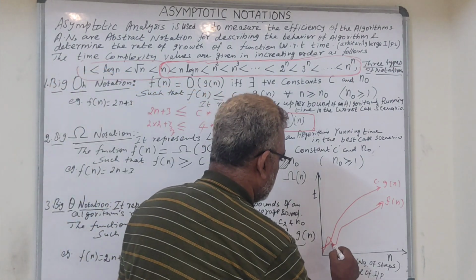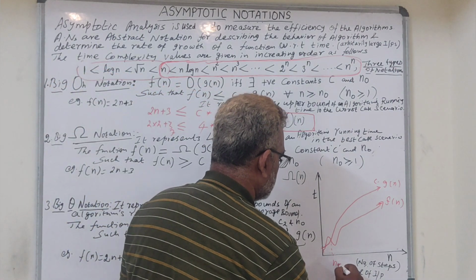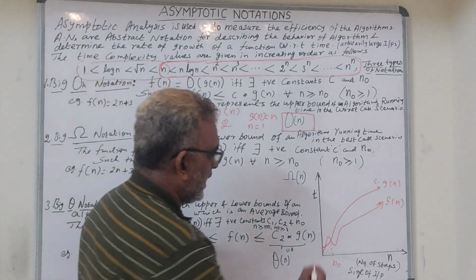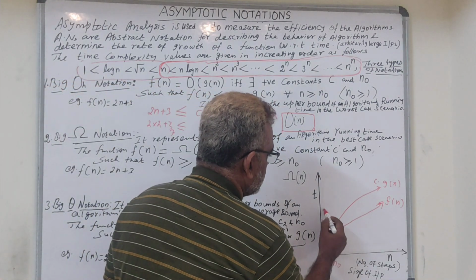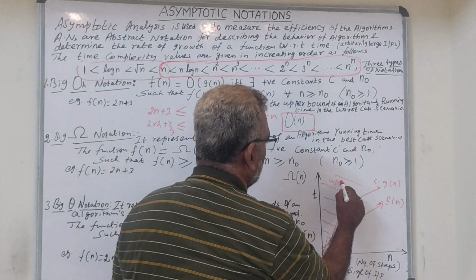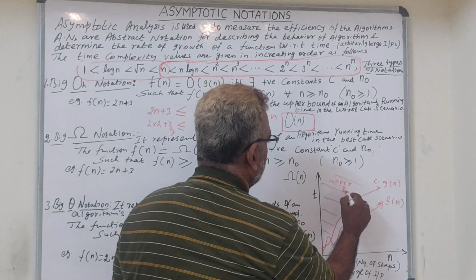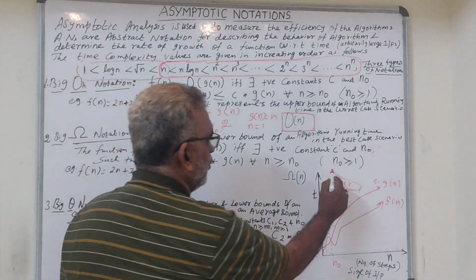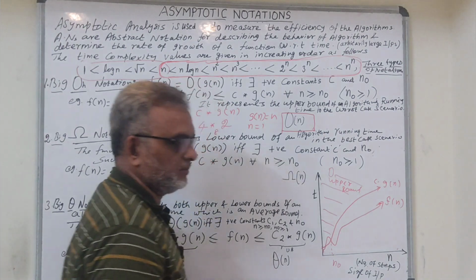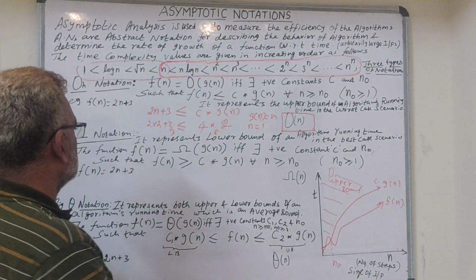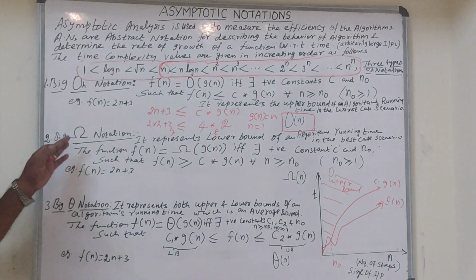So here this value represents n0. Any value that is present in this area represents the upper bound. This is the upper bound. So this is nothing but the big O representation. Right? Is it clear? So next we move on to the big omega notation.